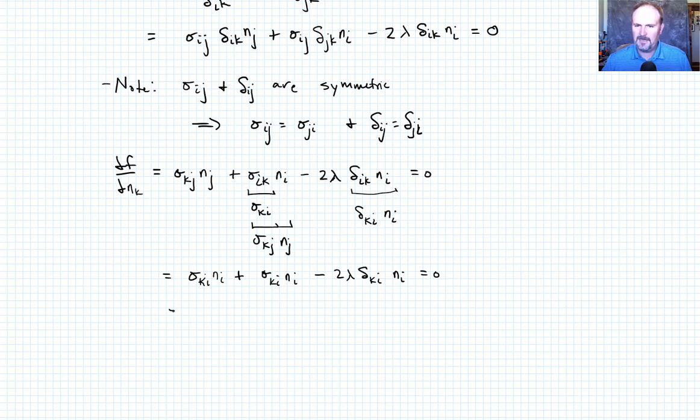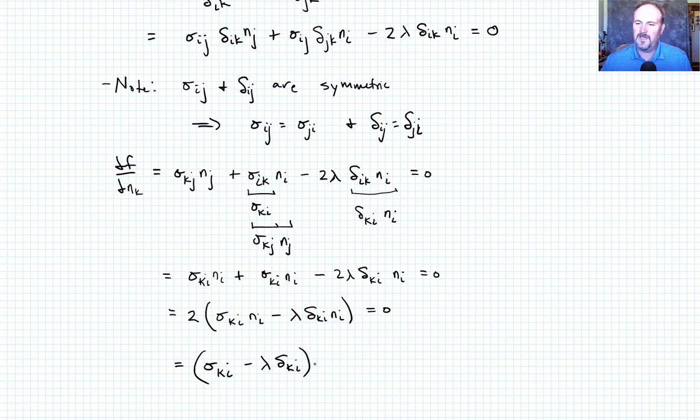Of course, those just add, and I can pull the 2 out and write 2 times sigma ki ni minus lambda delta ki ni equals 0. Now I can divide by 2. 0 divided by 2 is 0, and I can factor out the ni, and write sigma ki minus lambda delta ki times ni is equal to 0.